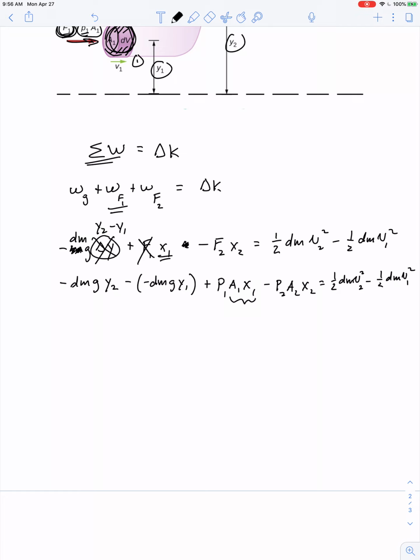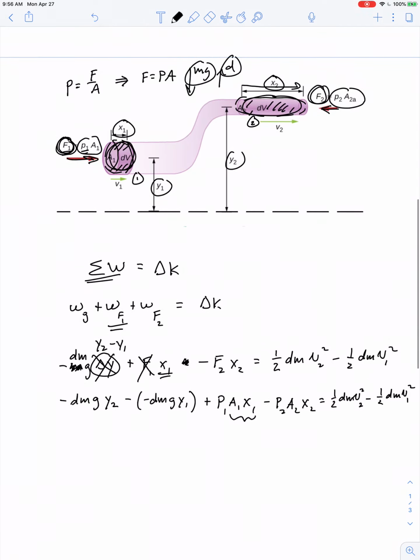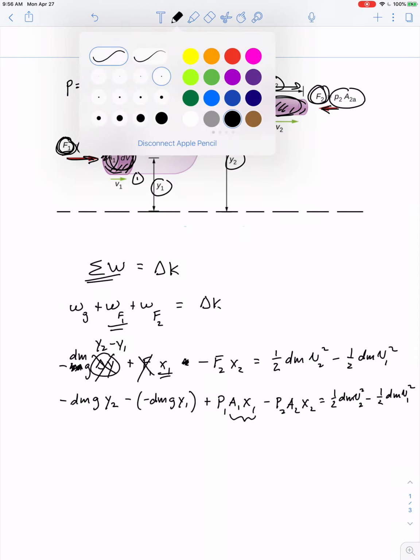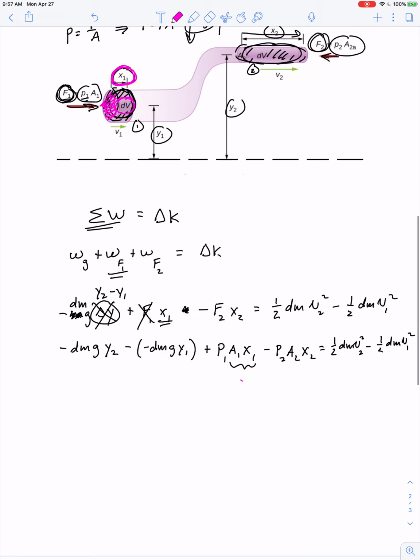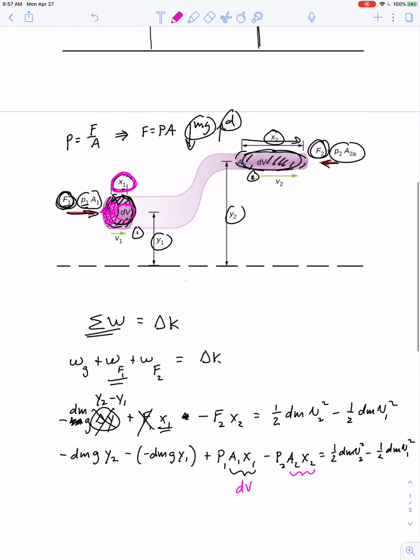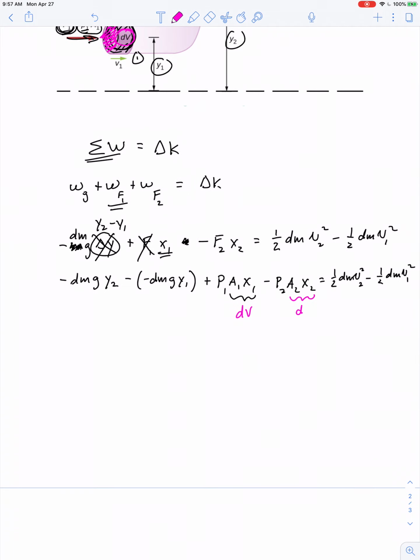What is area 1 times x1? If I multiply this cross-sectional area times this amount of distance, then that just calculates that volume occupied. So this is dV. In the same way, area 2 times x2 represents the same amount of volume, dV.